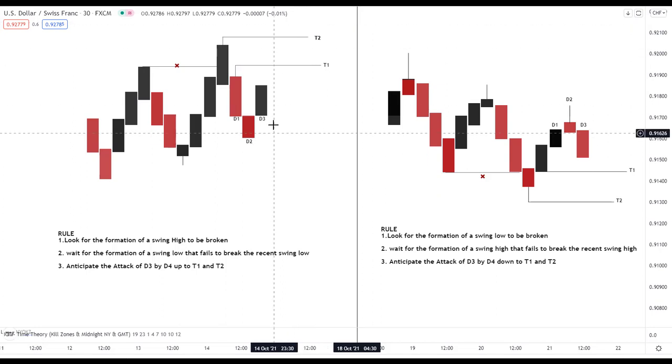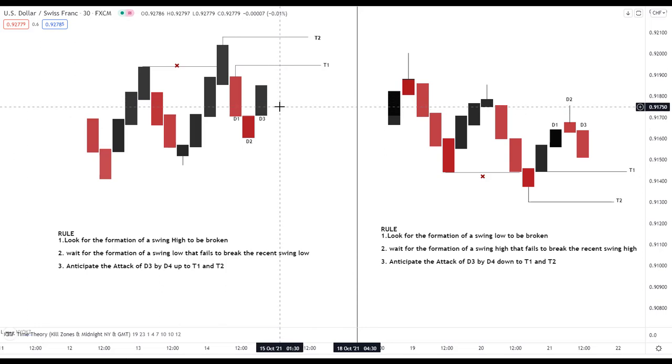Basically, the formation of the new day would see price trading into, perhaps, D3's 50%, or all the way down into maybe 60% of D3, and we would be long from that area. How do we know that? Because this is the daily time frame.